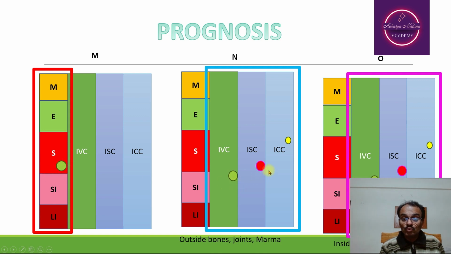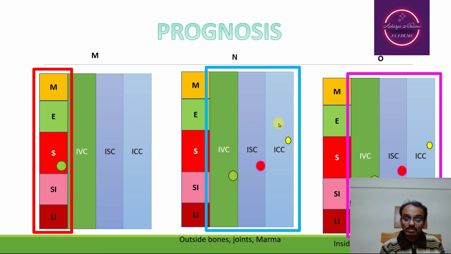Whereas in N, the pathogens are present in the intravascular compartment, interstitial compartment and intracellular compartment outside the bones. Whereas in person O, the pathogens are present in the intravascular compartment, interstitial compartment, intracellular compartment inside the bones and joints and marma.